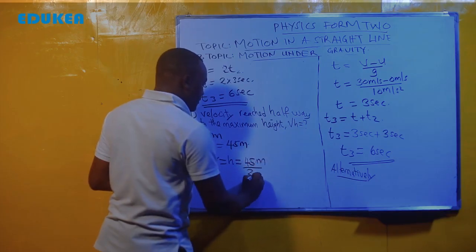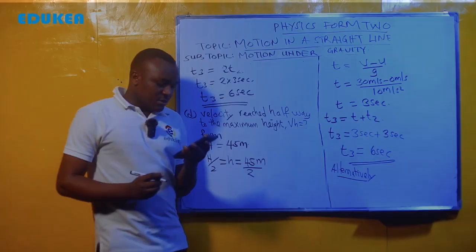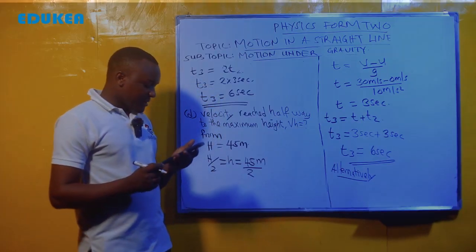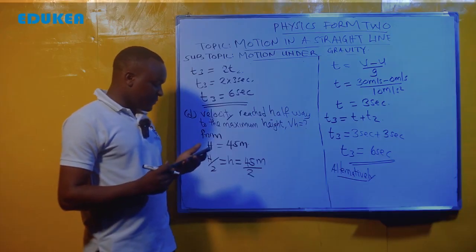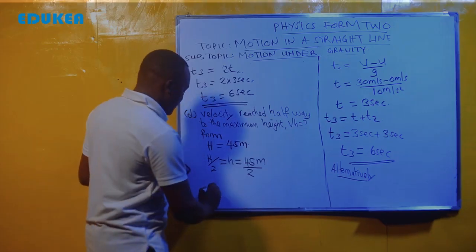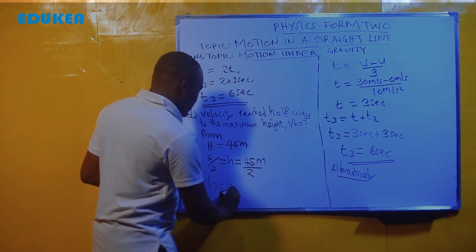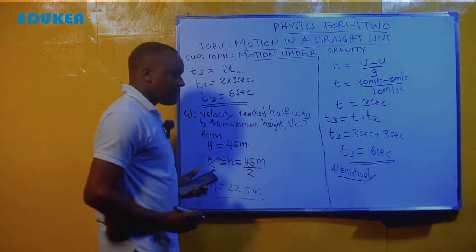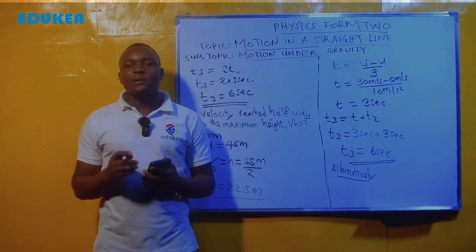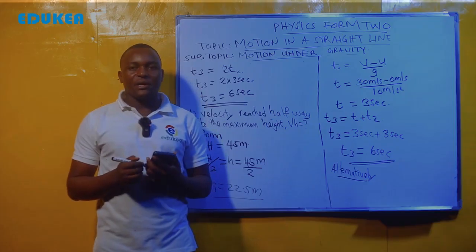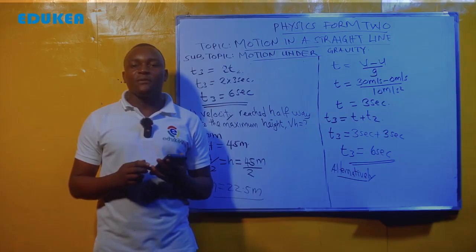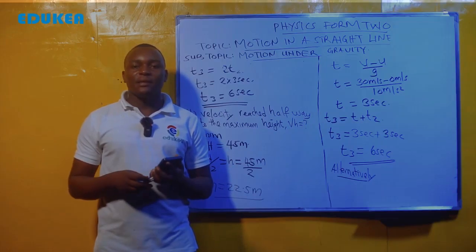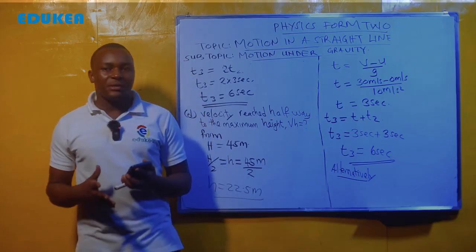So when you take 45 and then you divide by 2, you will get H equal to 22.5 meters. But we are not required to find the value of height, but we are required to find the value of velocity when the object or the stone reaches the halfway of the maximum height.